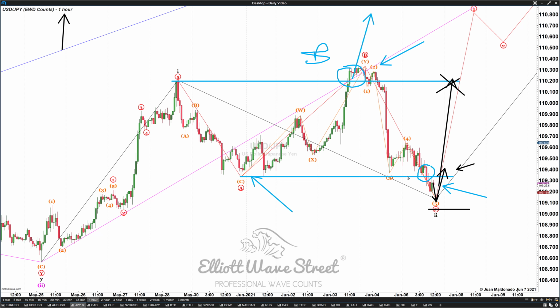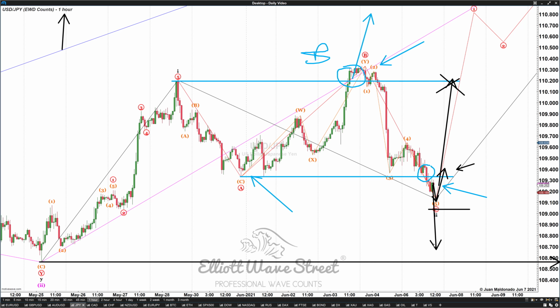So I need the wave count plus seeing the buyers taking control of the market. On the other hand, if the dollar yen goes lower from here without showing validation, well, we will go back here and I will continue finding a validation to go long, maybe here. But I'm not going to sell here. The sell was here.